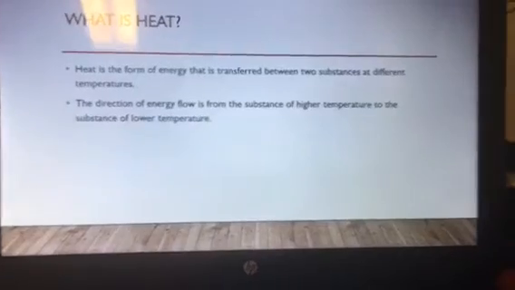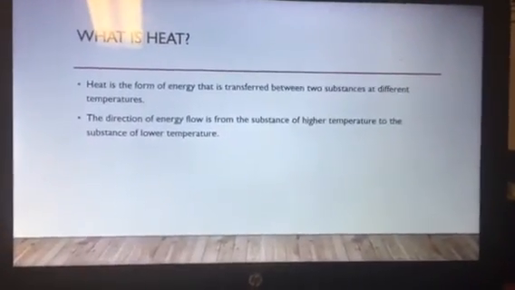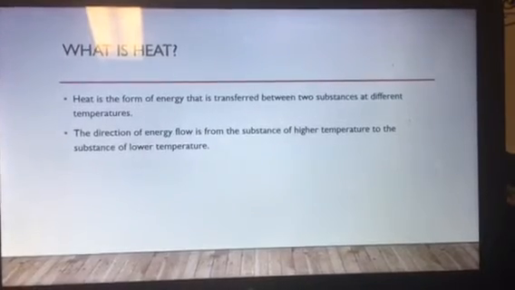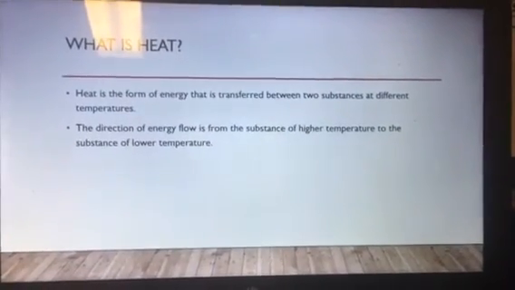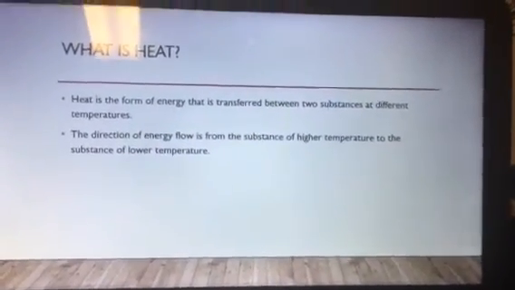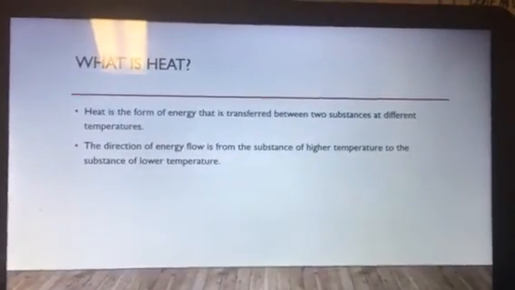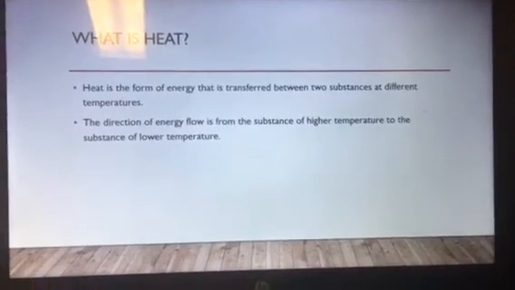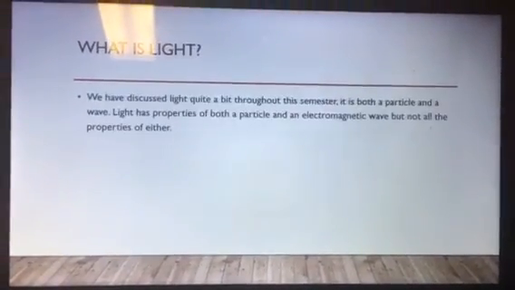So basically, whichever way energy flows, it is from high to low. I just know that the information says that it's from higher to lower substance temperature.